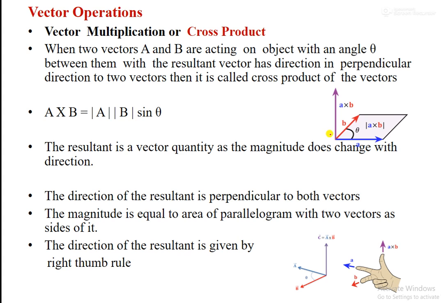So the resultant is again a vector, not a scalar quantity, because a vector depends on direction. That means A cross B is not equal to B cross A. A vector quantity depends on the magnitude, and also the direction. Here we see that the resultant vector is perpendicular to both, and we will see how we find this.